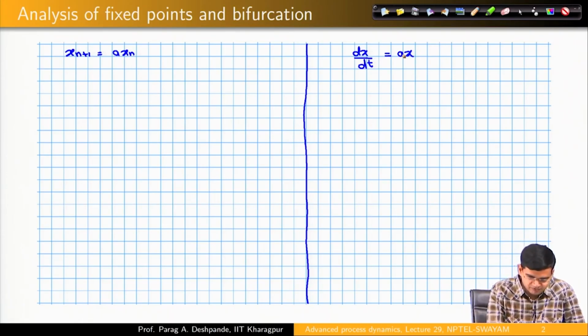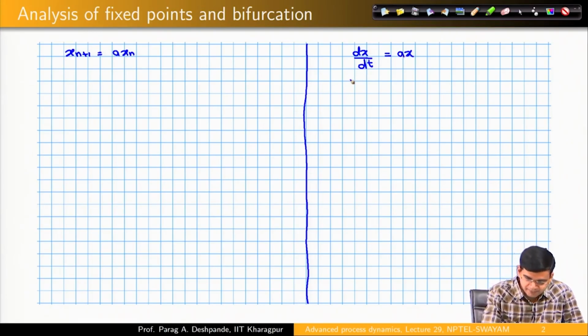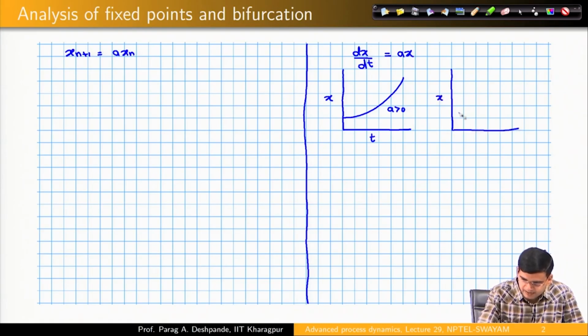So, for the right hand side, I got an increasing behavior x t for a greater than 0 and a decreasing behavior x t for a less than 0.